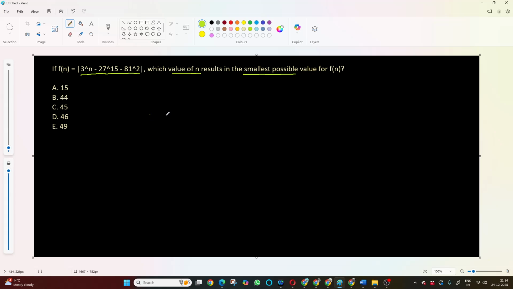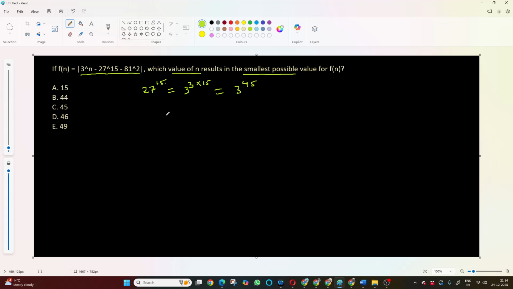If you look at the second and third term in this expression, these seem to be made of powers of 3. So let's try to decompose those expressions and see what powers of 3 we get. 27 to the power 15: 27 is 3 to the power 3, and we have 15 on the power, so 3 to the power 3 into 15 is 3 to the power 45.